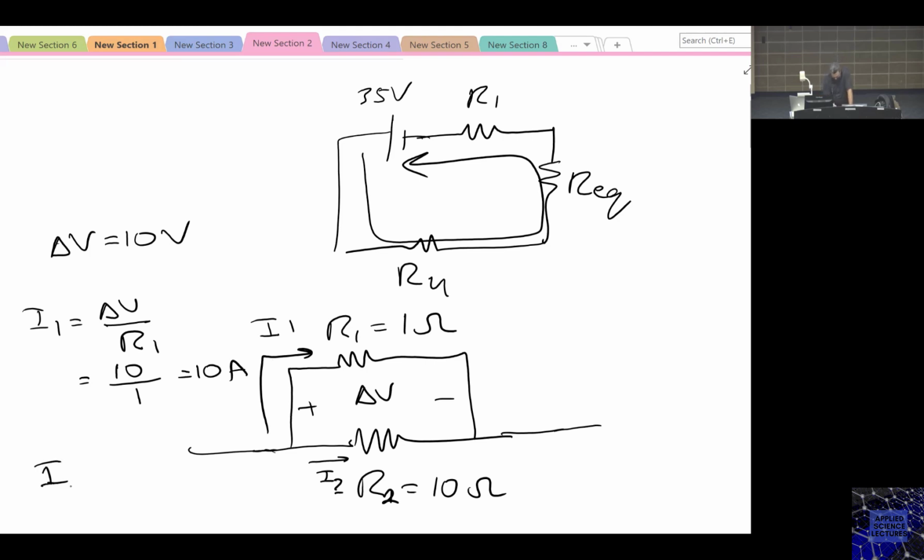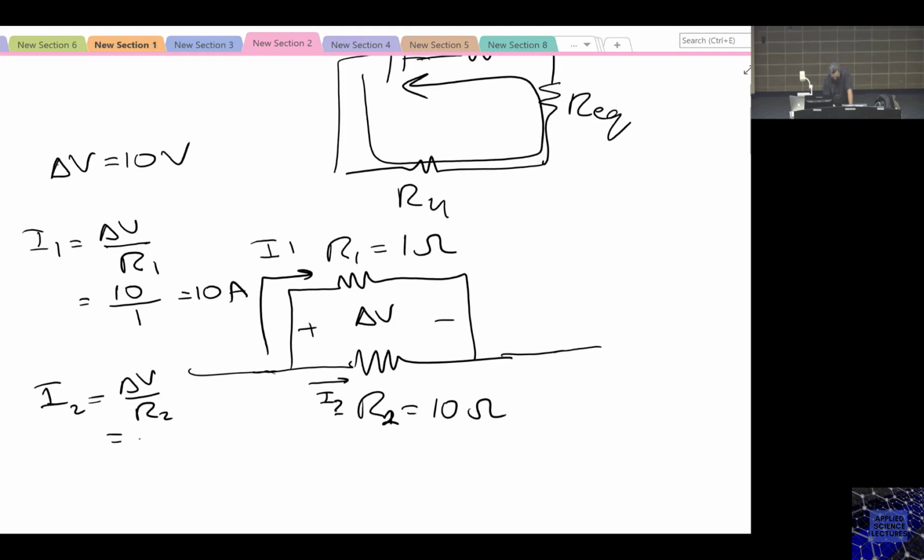Now I2 is delta V divided by R2, which is delta V divided by 10 ohms, 1 ampere. So you can see the ratio between I1 and I2, but there's still current in I2, right? But if this resistance is 0, then all the current is going to go through that path, and no current is going to go into the other path.